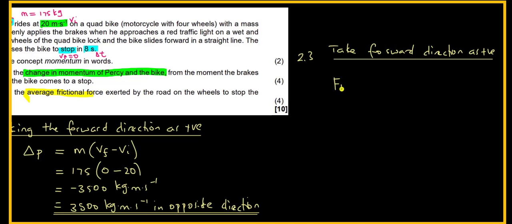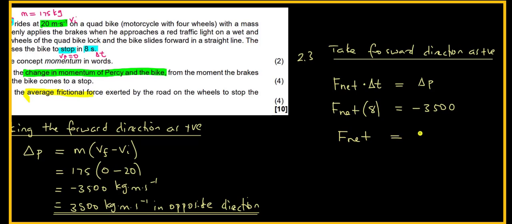The net force, F net, times the delta t equals delta P. So the net force, F net, multiplied by the time that the net force acts, which was 8 seconds, equals our delta P. Remember, this impulse is a vector quantity, so we have to take direction into account. So we're using this negative 3,500, right? And then from here I divide both sides by 8. It means that my net force is actually equal to negative 3,500 over 8.